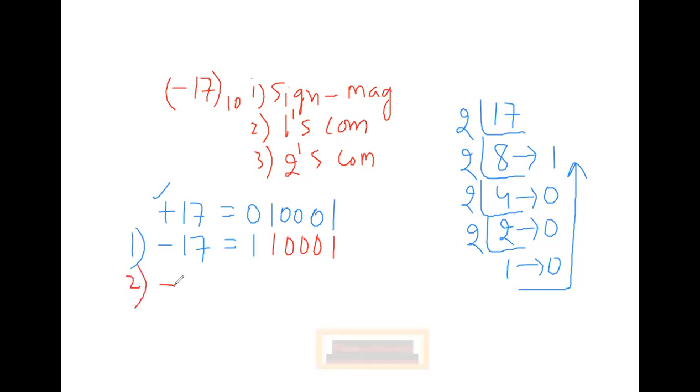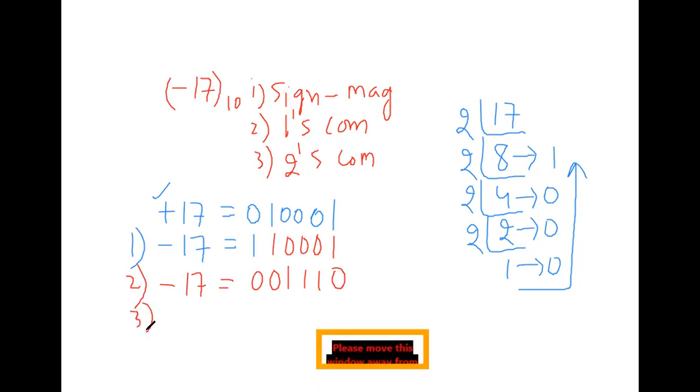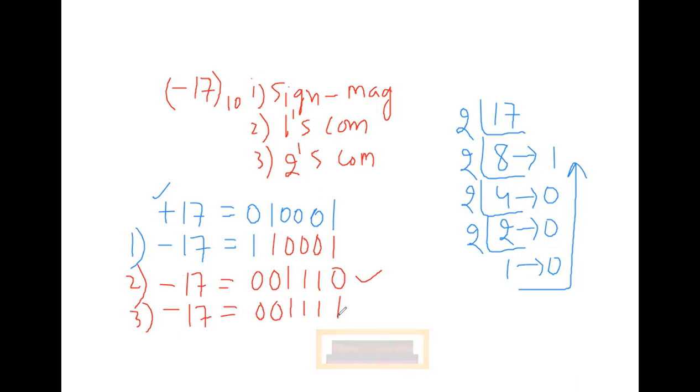You have to take the 1's complement, so it will be 1, 0, 1, 1, 1, 0. Then for the third one, you have to take the 2's complement, so just add one to this, and you will get 1, 0, 1, 1, 1, 1. Understood? So we have three representations for this negative number. This is how we can find it.